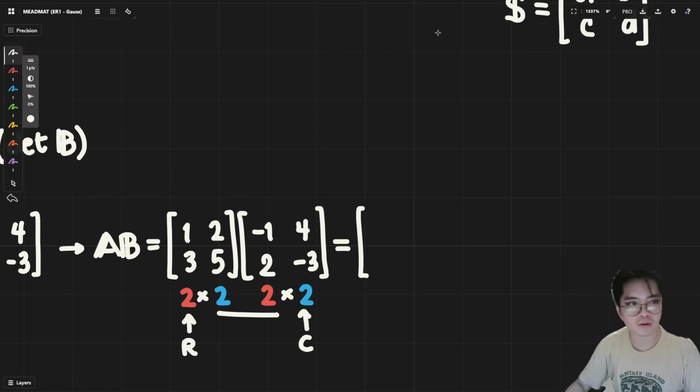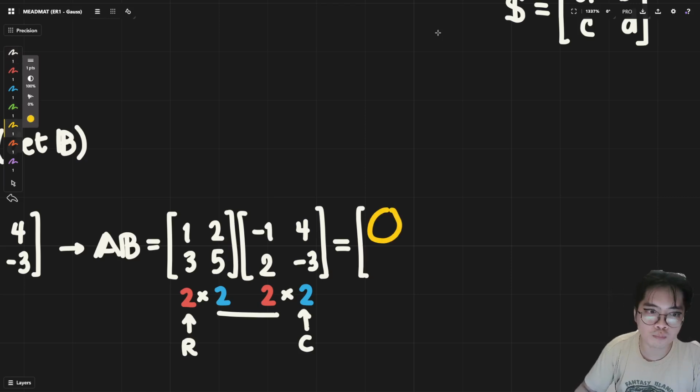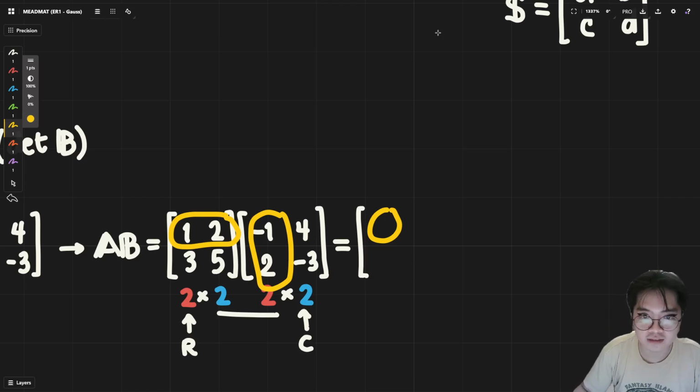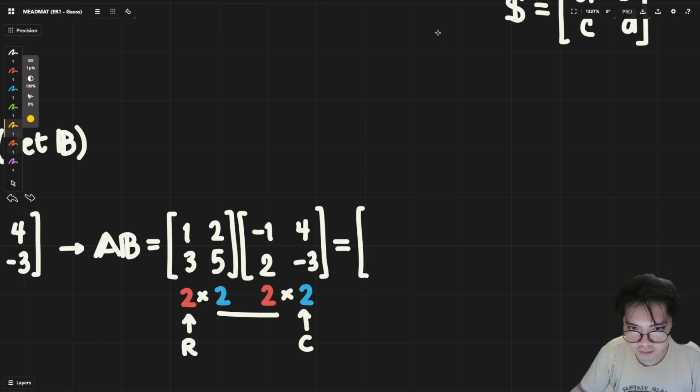And so if you remember what's supposed to happen in here, for the first row, first column, we will now do piecewise multiplication. 1 times -1 is -1. 2 times 2 is 4. -1 plus 4 is 3.